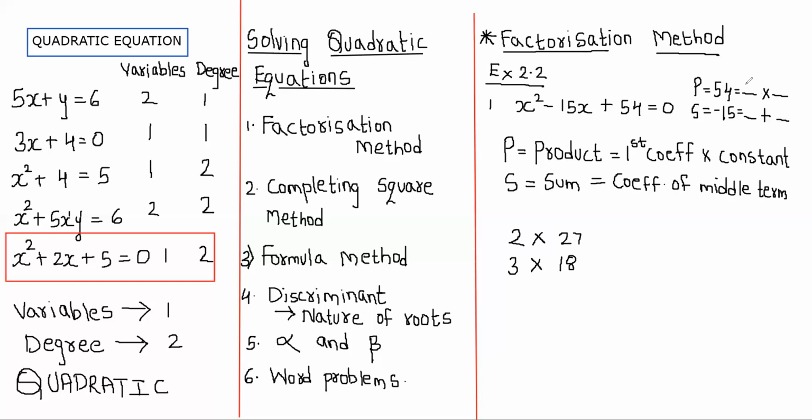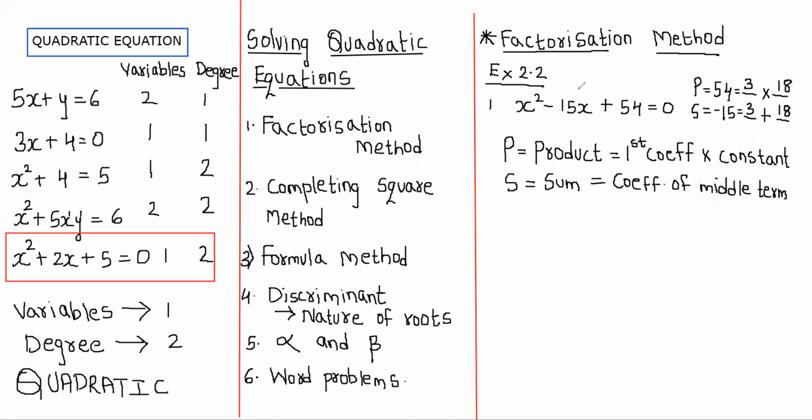So what we will do is write in the rough column here, 3 and 18. Now we have to put a minus sign. Why? See here, when we cross verify, 3 into 18, we do get 54. But 3 plus 18, we don't get minus 15. So here we need to put a minus sign on either both the numbers or one number.